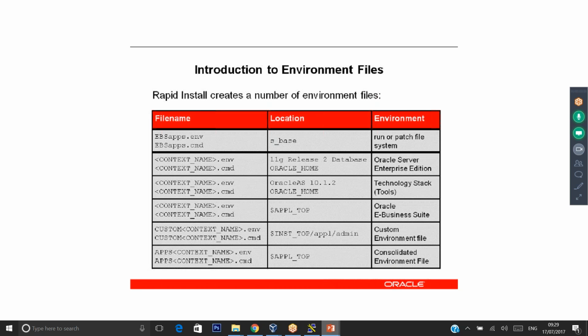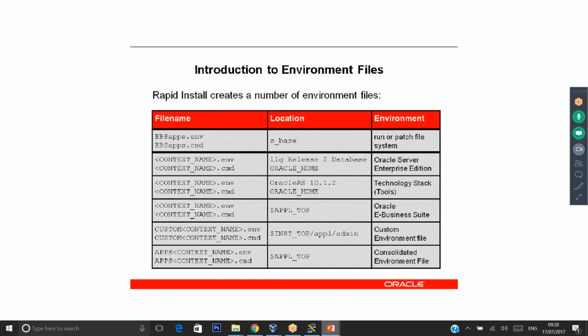See, why are there so many environment files? You may get a doubt. On the database side, you have seen only one environment file, so you would simply source that environment file and make use of the environment. But on the application side, context name.env is under the 10.1.2 Oracle home, and you will see the same file in the WebLogic Oracle home.